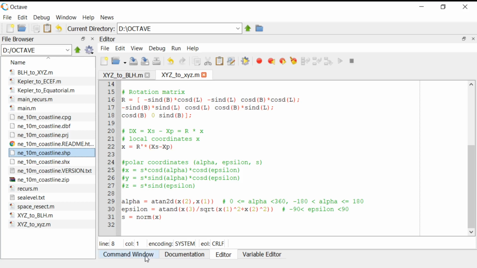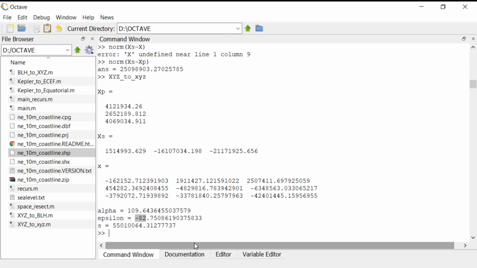Let's now carry out this map. For example, let's have a look at which packages are installed in Octave.